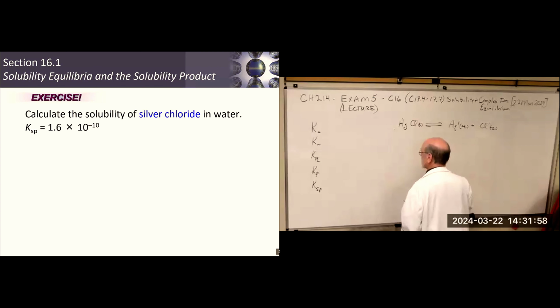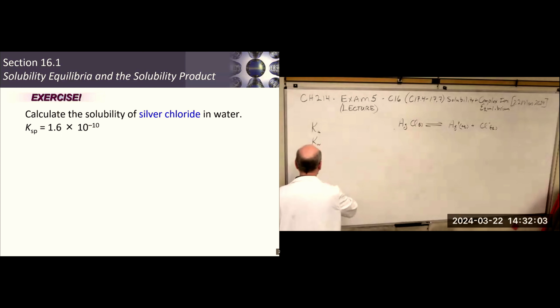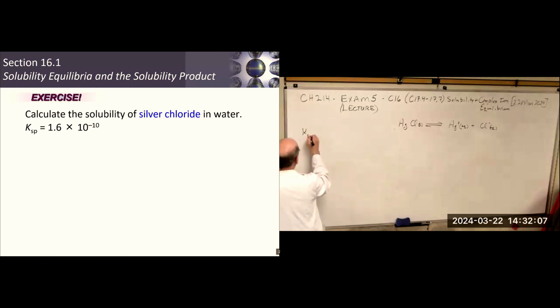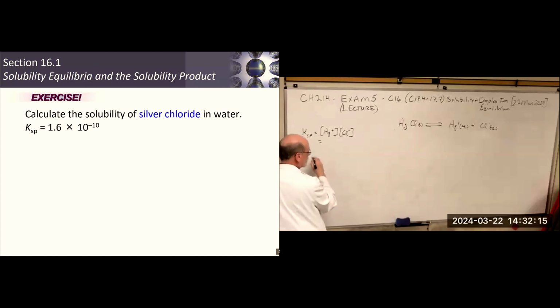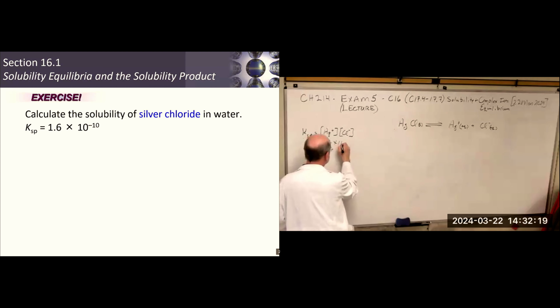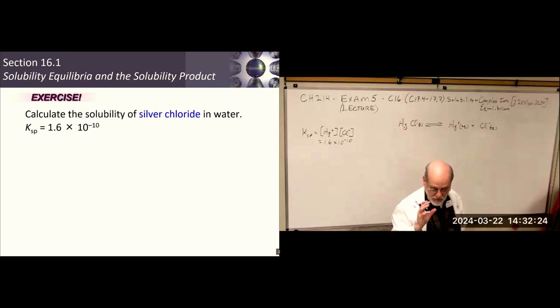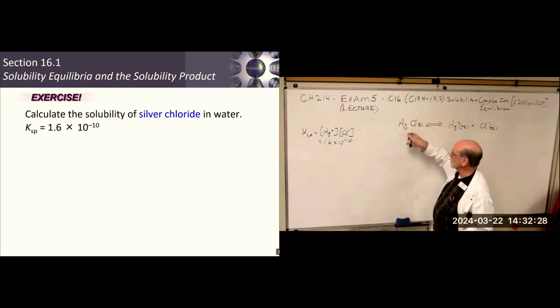And the Ksp, let me erase these right here. The Ksp is equal to the concentration of silver, concentration of chloride, and that's equal to 1.6 times 10 to the minus 10. That's everything that's been given to us. What they want us to do now is to calculate the solubility in terms of how much of this goes into solution.